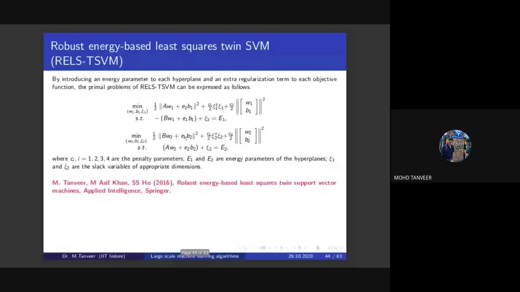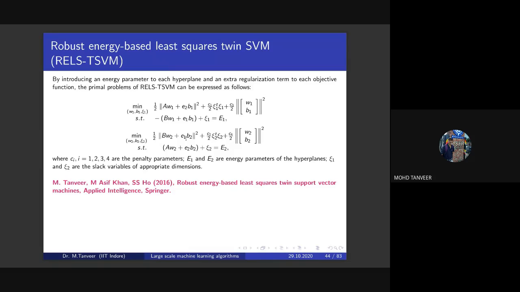Now I would go for another formulation, which is a so far efficient algorithm: robust energy based least square Twin SVM. What happens in this formulation compared with the previous formulations? In each hyperplane, we are introducing an energy parameter. This is one of the great advantages of this formulation.